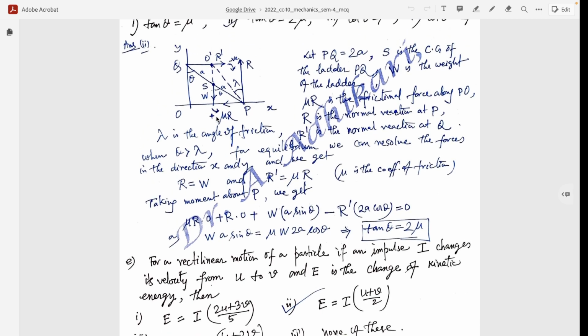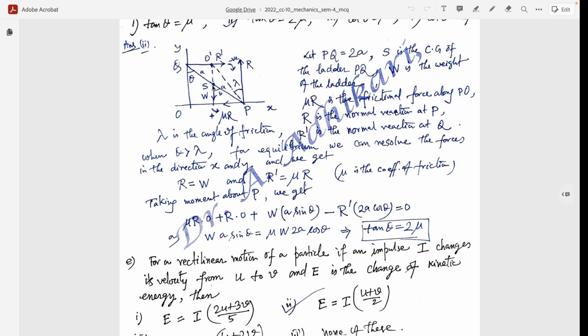Now taking the moment about the point P, the mu R force passes through the point P and the normal direction R passes through the point P. So the moments about P of these forces R and mu R vanish.